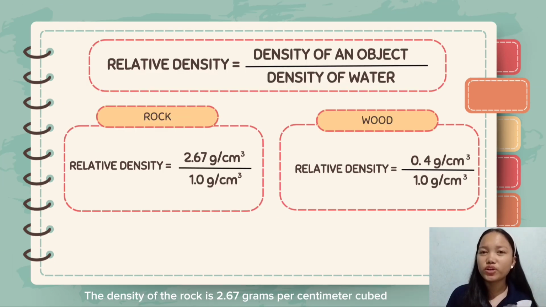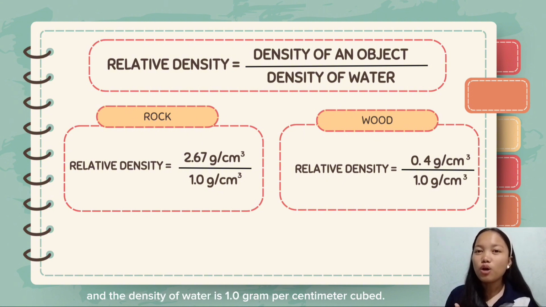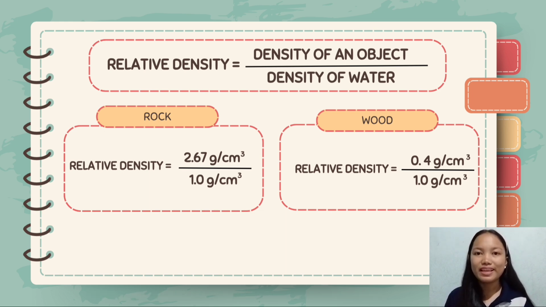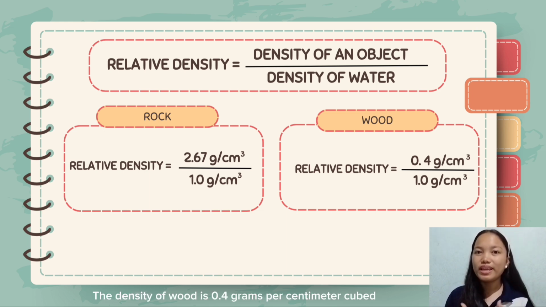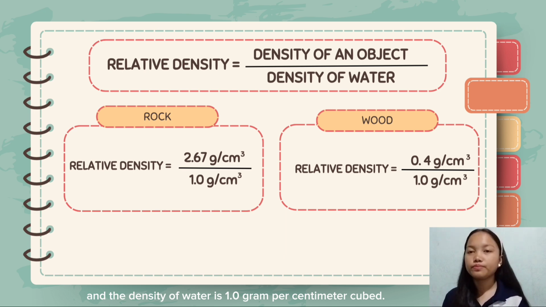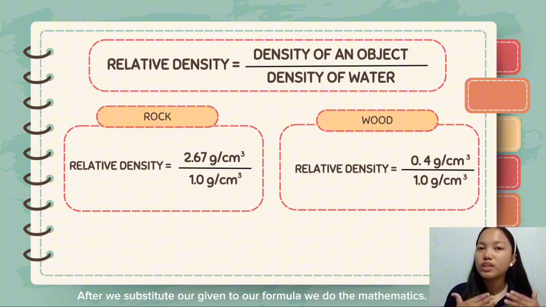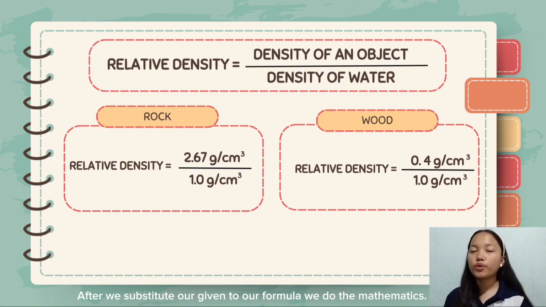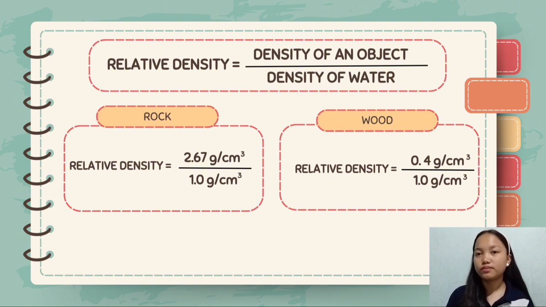The density of the rock is 2.67 grams per cubic centimeter, and the density of water is 1 gram per cubic centimeter. The density of the wood is 0.4 grams per cubic centimeter, and the density of water is 1 gram per cubic centimeter. After we substitute our given values to our formula, we do the mathematics.